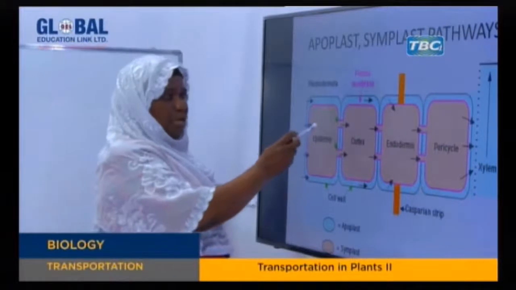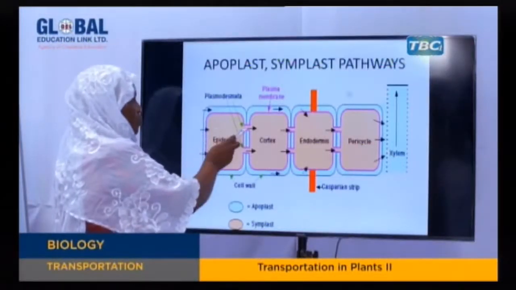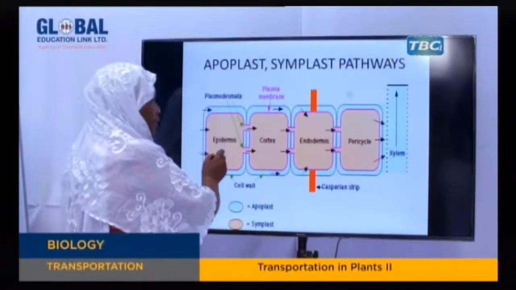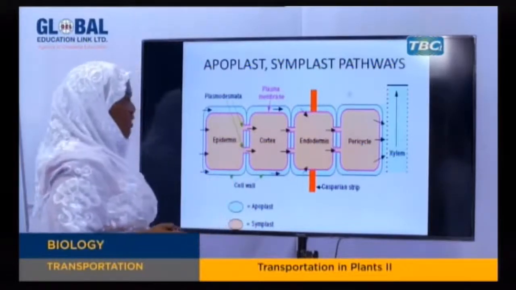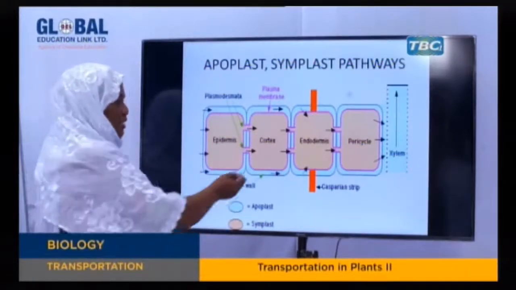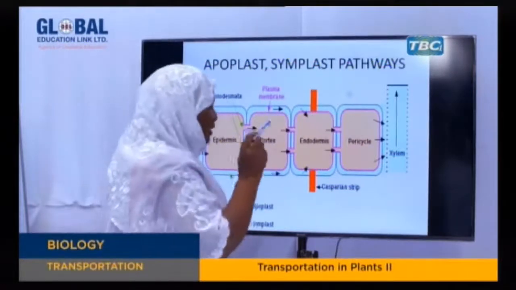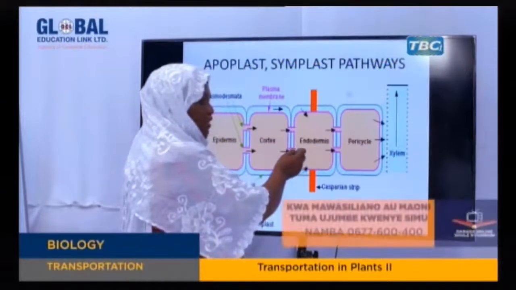For example, here, these arrows. Water moves from here and enters the cytoplasm of another cell, that is the cortex. From here, it enters the cytoplasm of the endodermis.